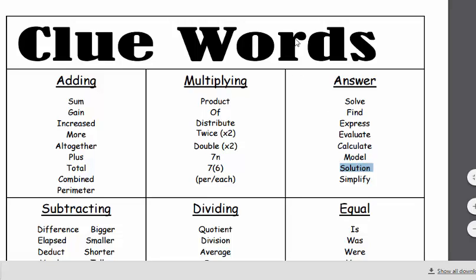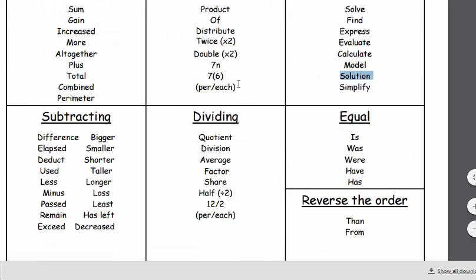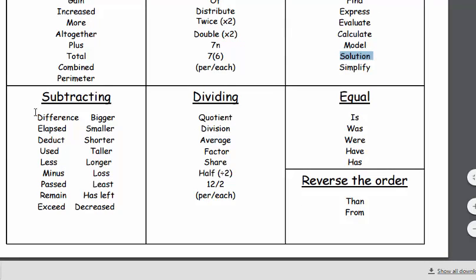It just means that we can take what we're given and we simplify it down. Sometimes that gives us a single number, sometimes it gives us an expression. We have subtracting. So, this is a good list for subtracting. We have dividing. We have equal, and then reversing the order.